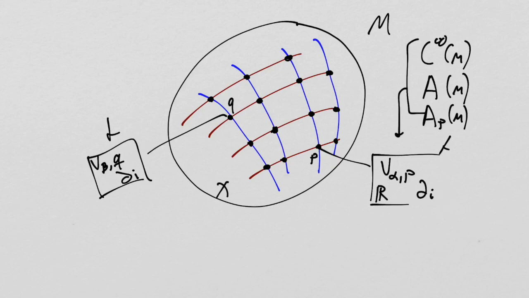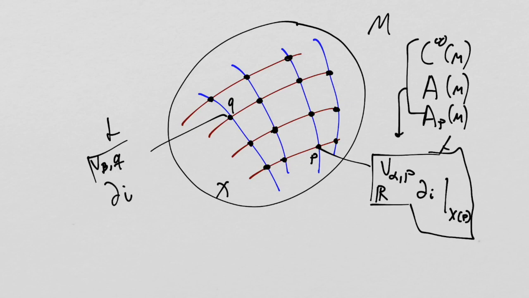There's an instruction here that is left off because it's just so unwieldy, and that is evaluated at the point P. And likewise, there's an instruction here for this partial derivative. These partial derivatives that are the basis vectors are evaluated at the coordinates of the point Q.